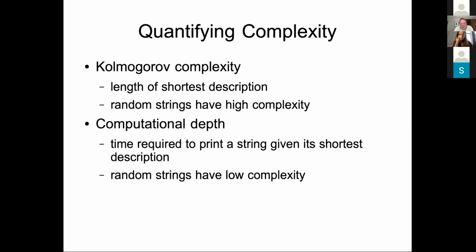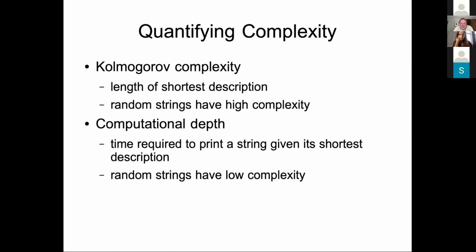They are incompressible. So in an attempt to come up with a more meaningful notion of complexity, one appropriate for characterizing the complexity of living things, Bennett came up with the idea called computational depth. It differs in a subtle but interesting way from Kolmogorov complexity. Computational depth is not the length of the shortest program.